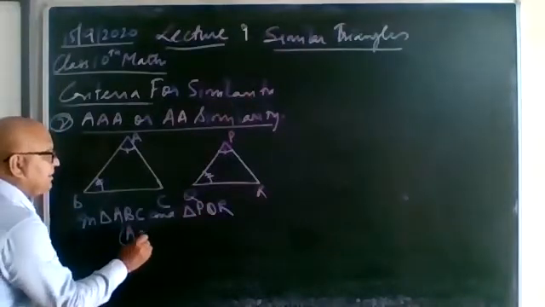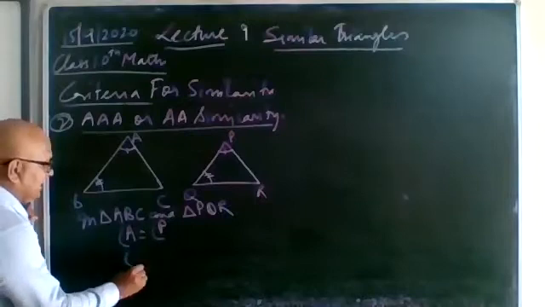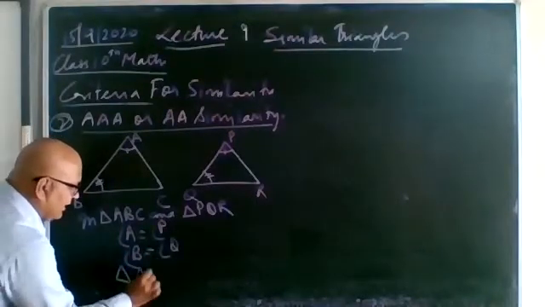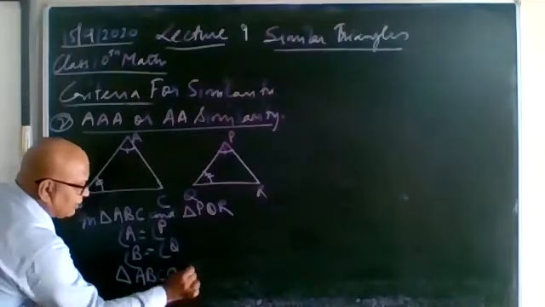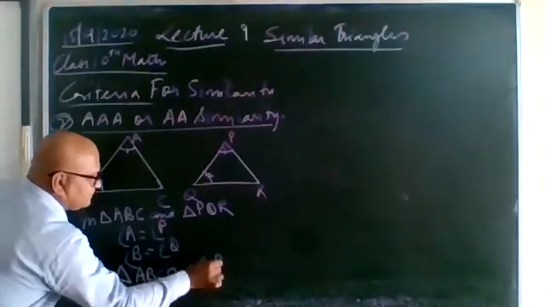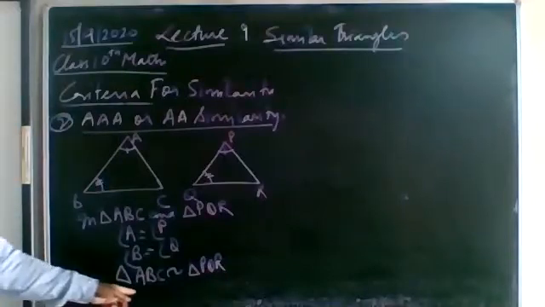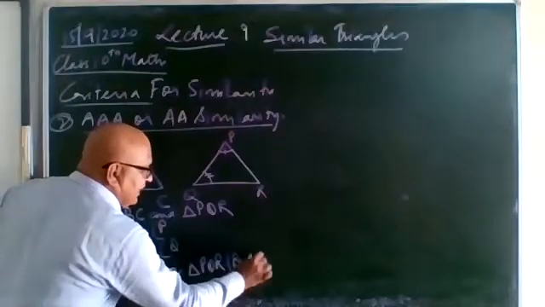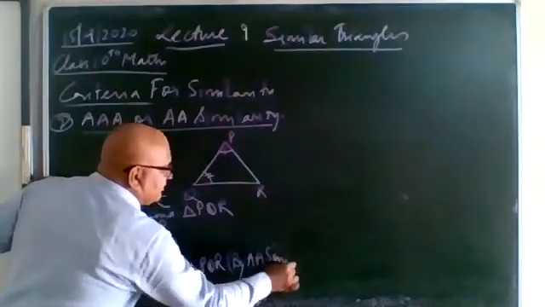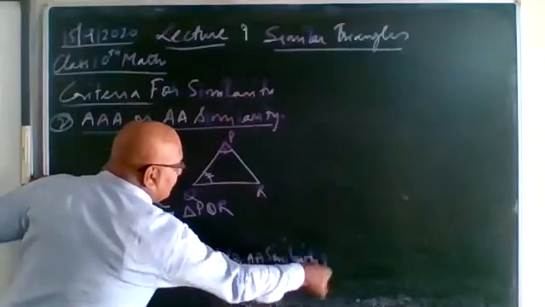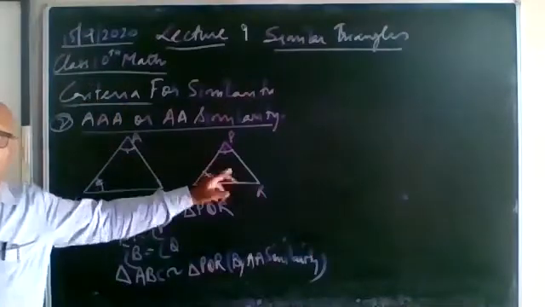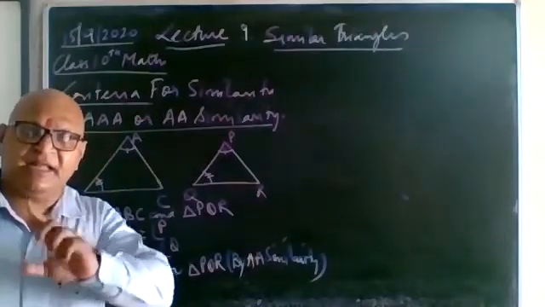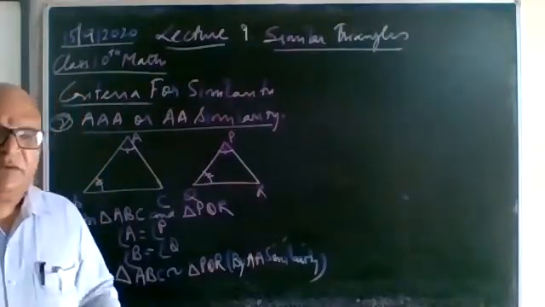Angle A equal to angle P, angle B equal to angle Q. Triangle ABC is similar to triangle PQR by AA similarity. And when two triangles are similar, then you know that sides are in proportion.